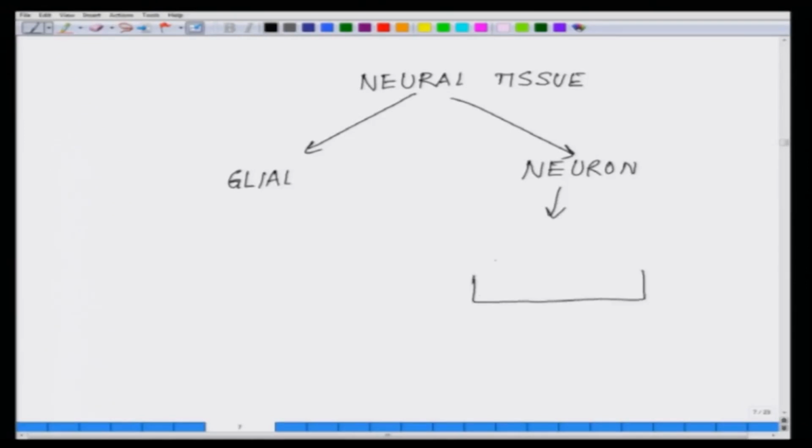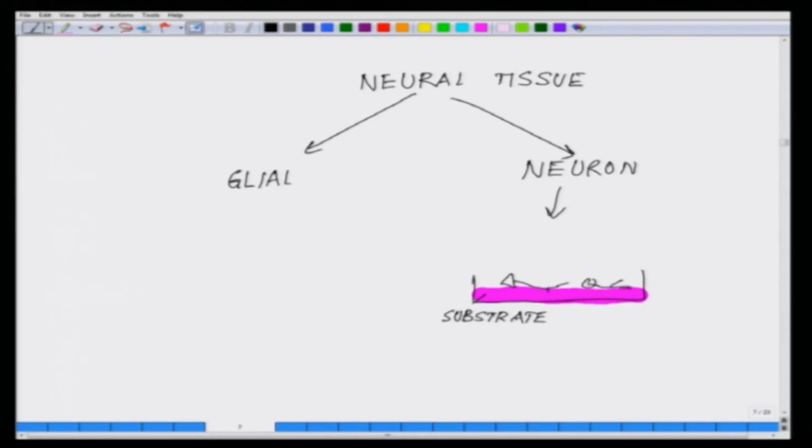Of course, they won't grow just in thin air. You need to do a bit of homework. You have to coat this dish with some kind of substrate on which these neurons will grow. So, this is the substrate, and on top of the substrate, you have the neurons growing like this.